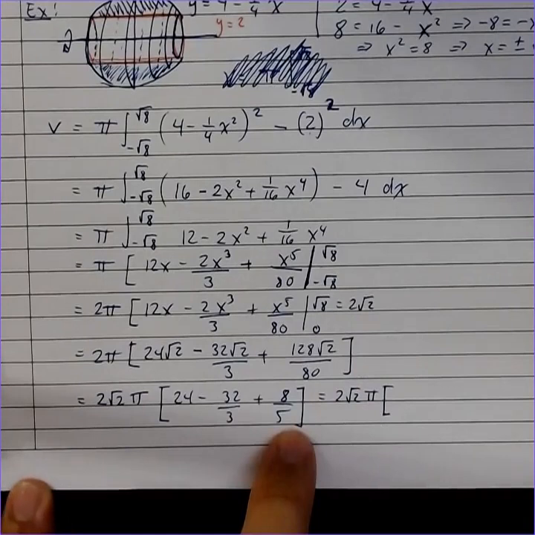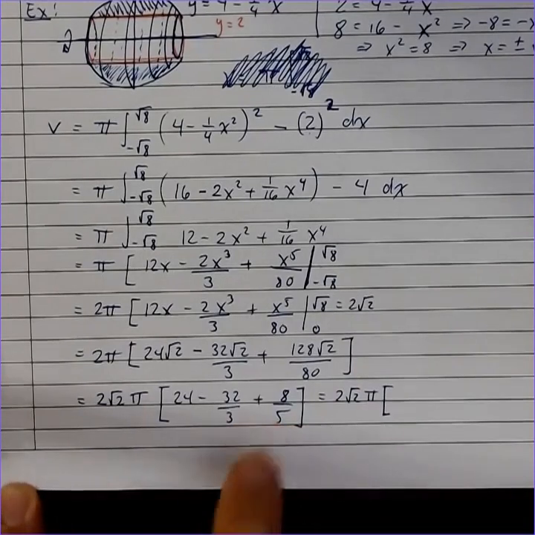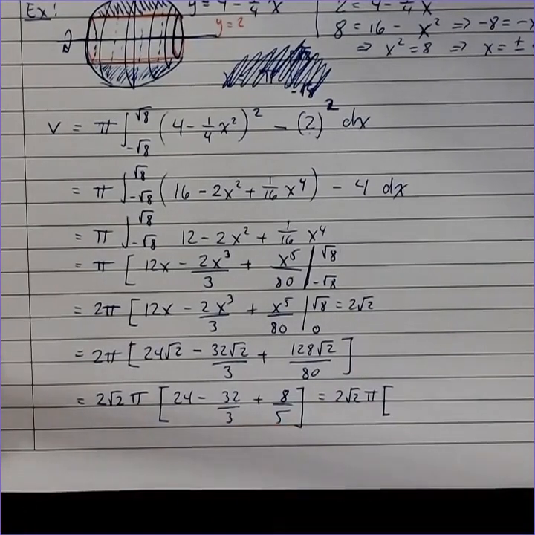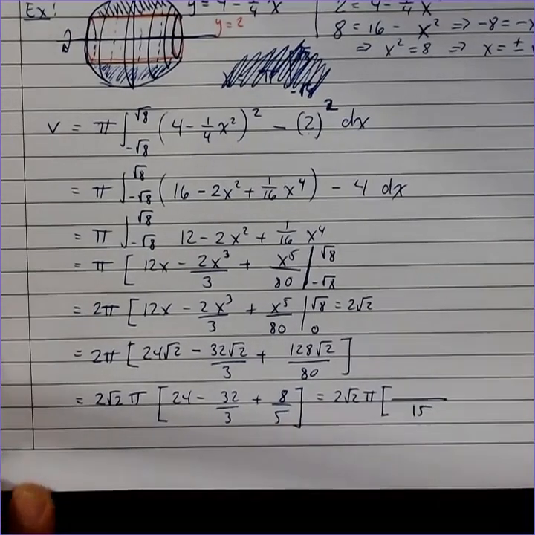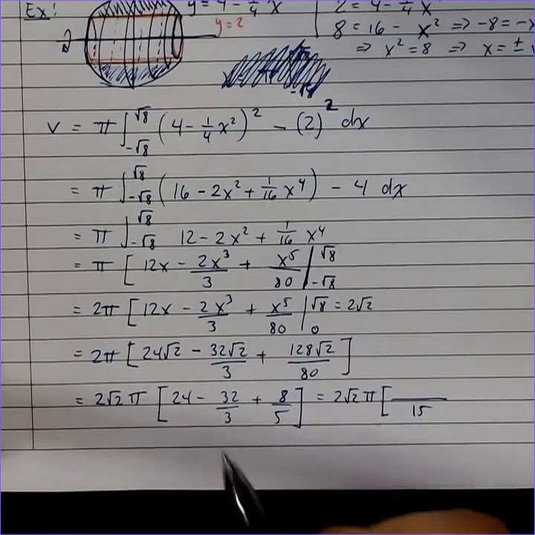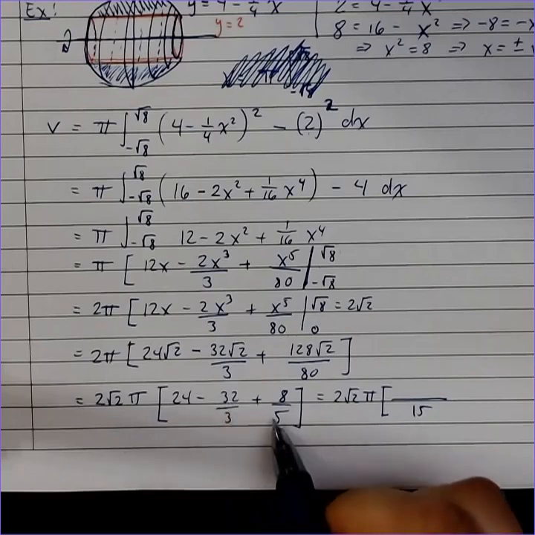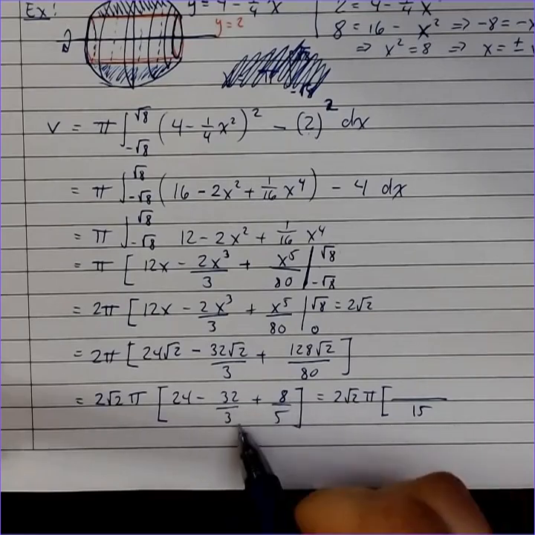Common denominator of these two is 15. So give all these a common denominator of 15. Then we have 15 times 24 minus 32 times 5, 160, and then plus 24.